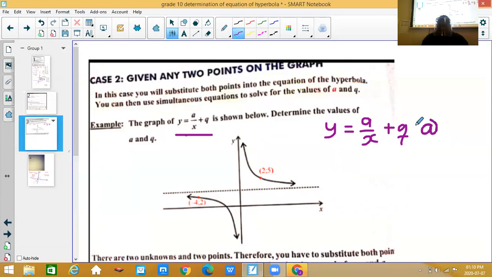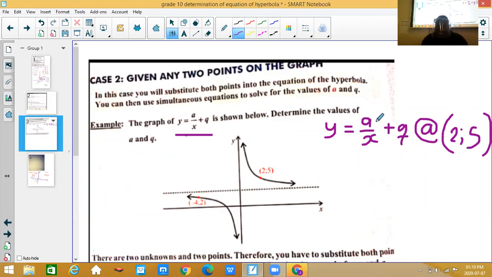On this one, which point do you want to take first? Between these 2 points, (2, 5) and (-4, 2), which point do you want to use here first? Let us take (2, 5).